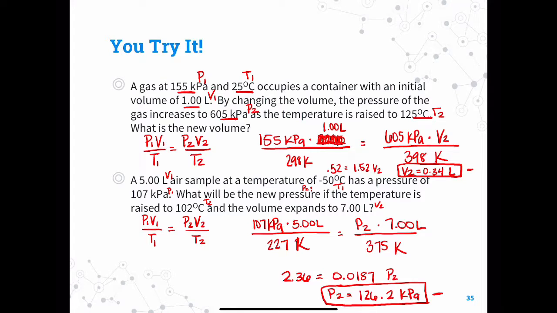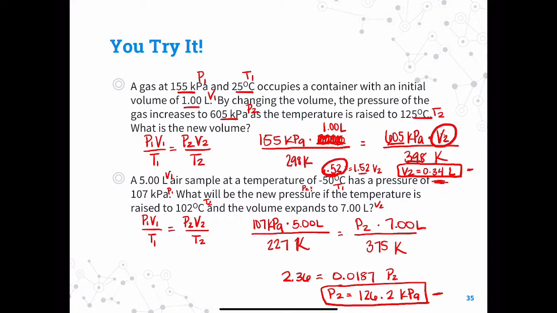This one I had to solve for V2, so I multiplied 155 times 1 divided by 298, and I got 0.52. Then I divided 605 by 398, and I got 1.52 times the V2 that's still there. When I divided 0.52 by 1.52, I got 0.34 liters.